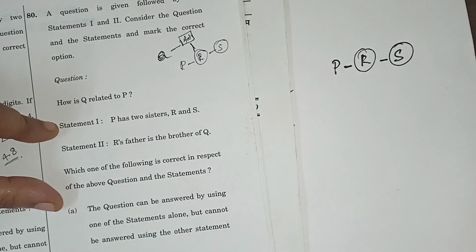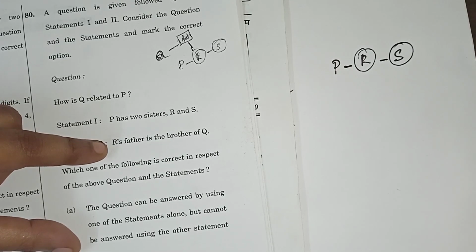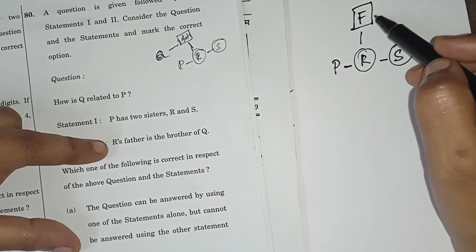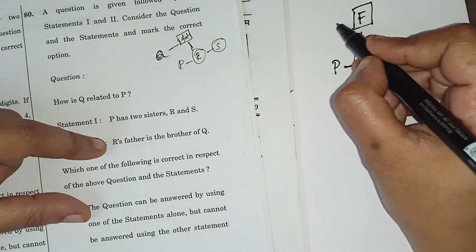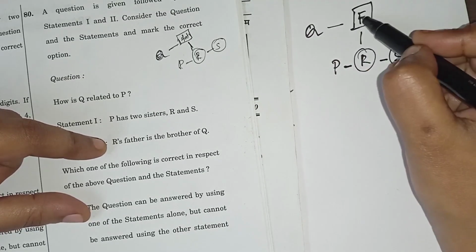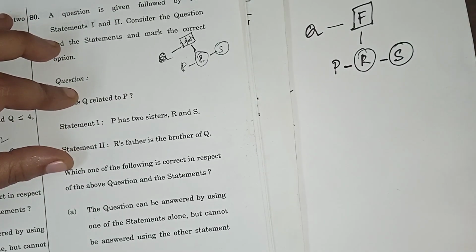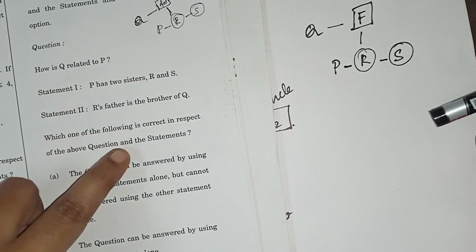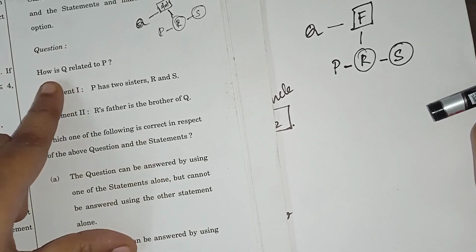We don't know what the gender of P is yet. The second statement says R's father is the brother of Q. So R has a father, F, and considering R's father is F, he is the brother of Q. And again now we don't know what the gender of Q is. Fine. The question is asking which one of the following is correct with respect to the above question and the statements. So okay, let's solve the question first.